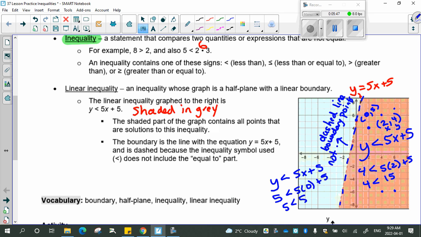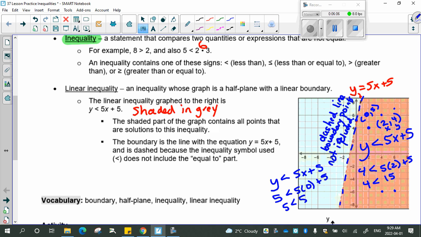Dashed line, boundary points are not included. If it was a solid line, then the boundary points would be included, and that would be if there was a less than or equal to sign there. So a dashed line, boundary points aren't included. They're not solutions. Solid line, boundary points do satisfy.